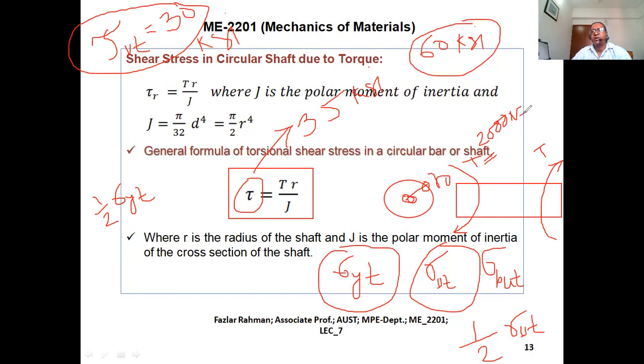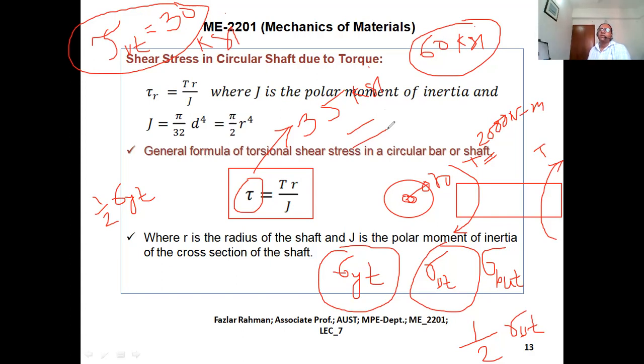You apply this torque, then you figure out the stress. Stress coming 35 ksi. My question is, will your shaft break down or survive? It will break down. Good. Your ID? 135. Your name? Azmine. That means it will break.